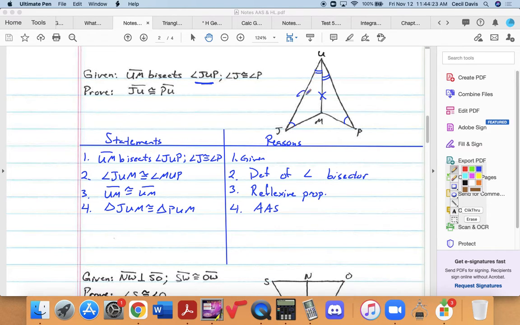In between the two angles would be like this side and this side. But we don't have those. And once we have the triangles congruent, we can say that any of the corresponding parts are congruent. Segment JU is congruent to segment PU by the definition of congruent triangles.